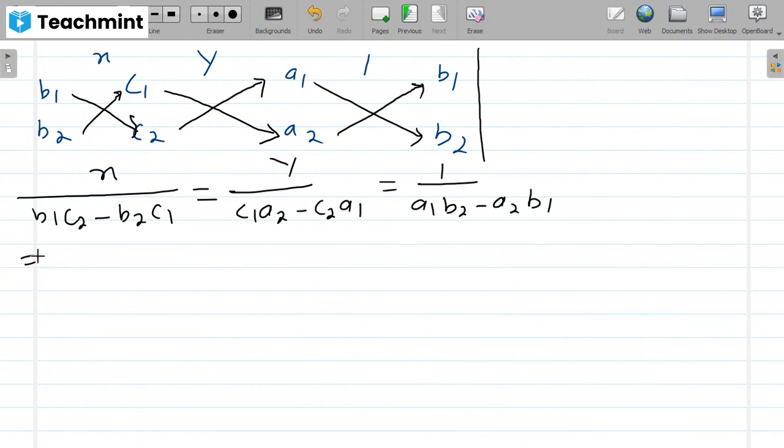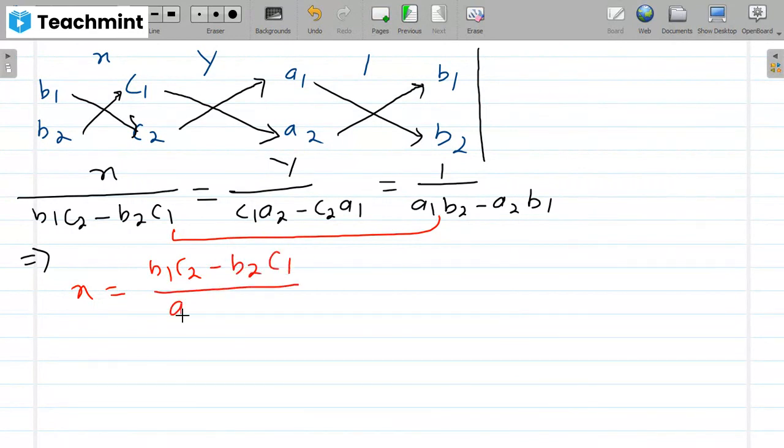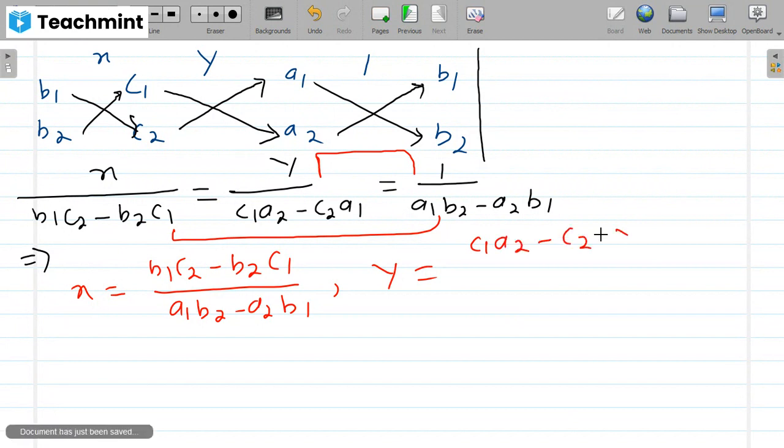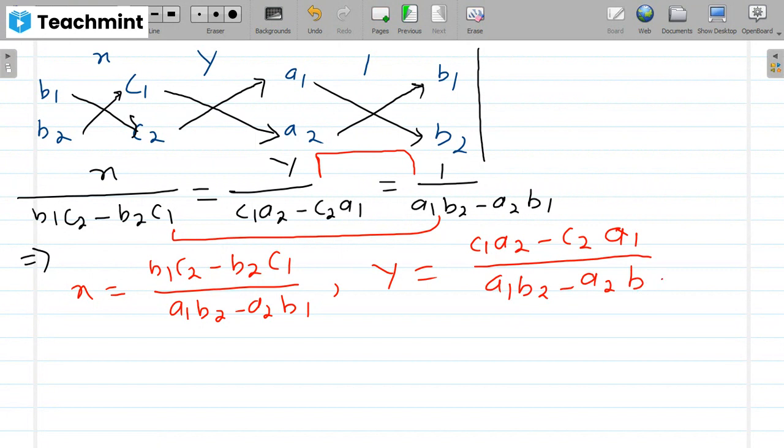In this way, if we want to find the value of x, taking the last two terms, the value of x is b1c2 minus b2c1 by a1b2 minus a2b1, and for finding the value of y, taking the last two terms, c1a2 minus c2a1 by a1b2 minus a2b1.